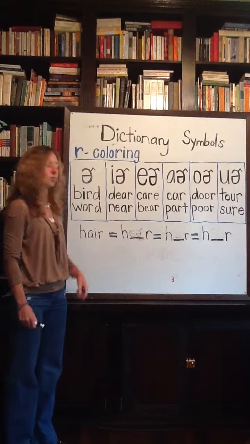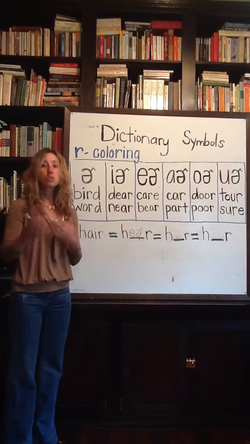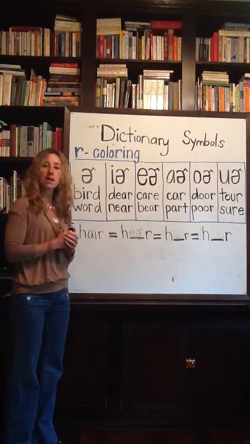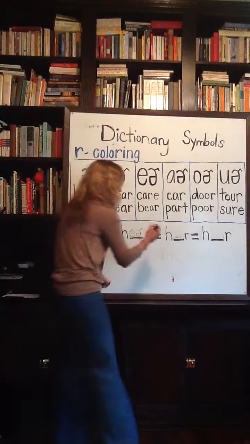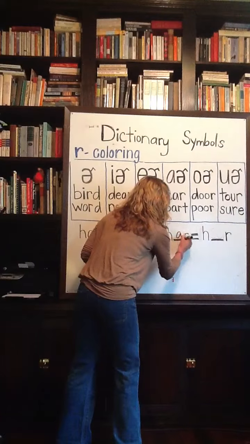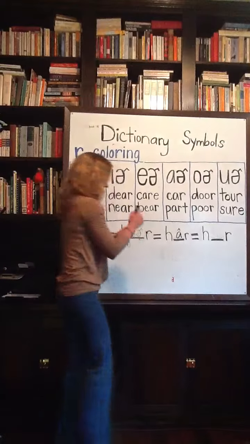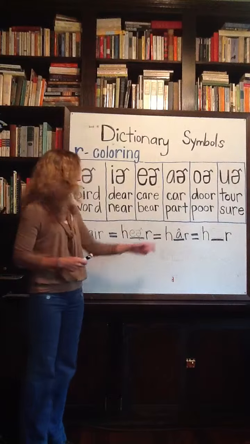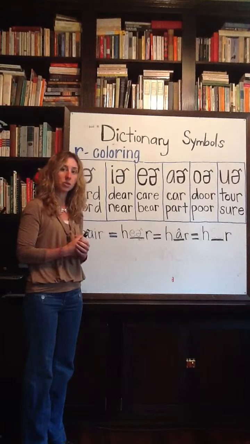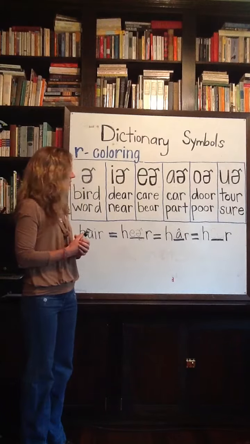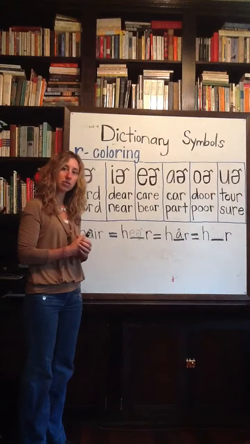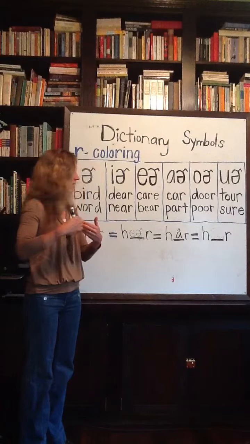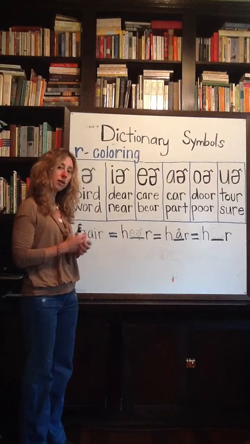Now there are two other ways that dictionaries might show that R coloring. Another way is you might see a vowel that has a tiny little top of a triangle on top of it. So the dictionary you're using might use that way of showing R coloring. And another way is to show the vowel that it starts out with and then put schwa in parentheses.